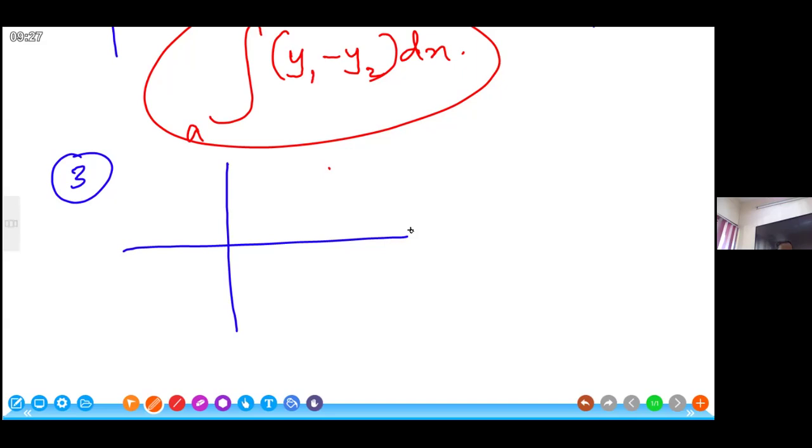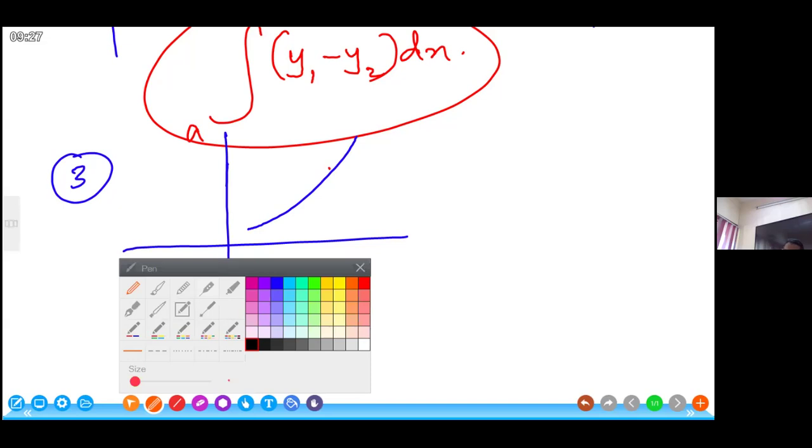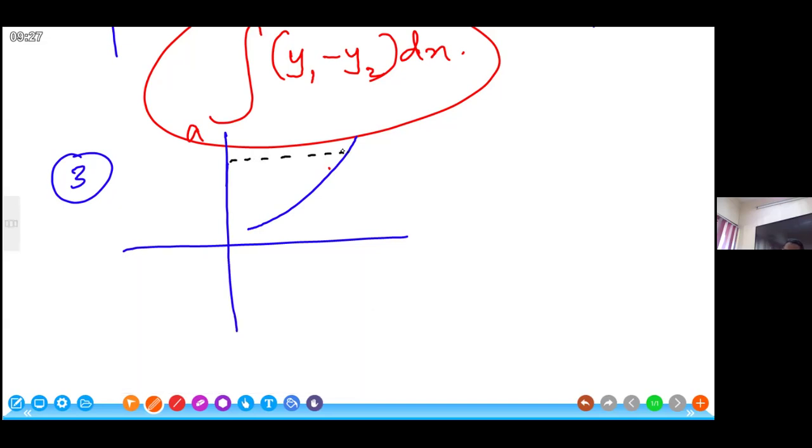For a given y value, how do we find the area? For example, let's say this is a function. I want to get the area enclosed with the y-axis. This area. That is also possible. Let's say this is C, this is D, the upper value is D, the lower value is C.